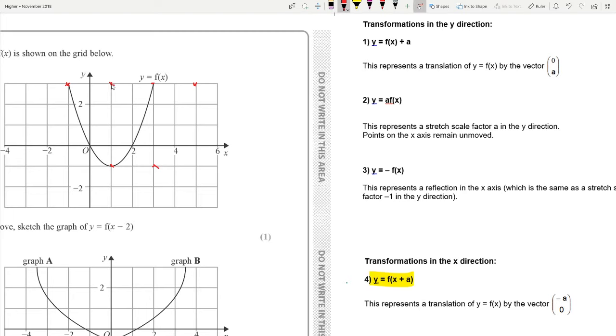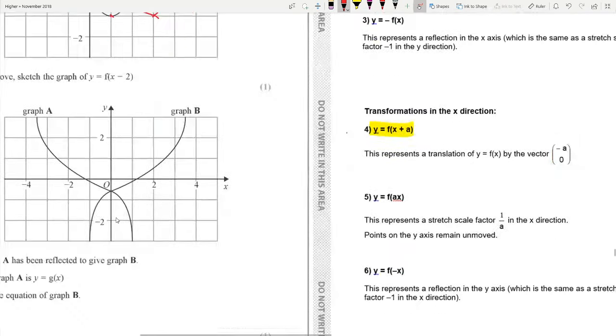So your curve, you want to draw as best as you can. Not like that. Let's try this way. Okay, you get the idea. You want to do better than me. You basically want to take it 2 places to the right. So that's your answer there.